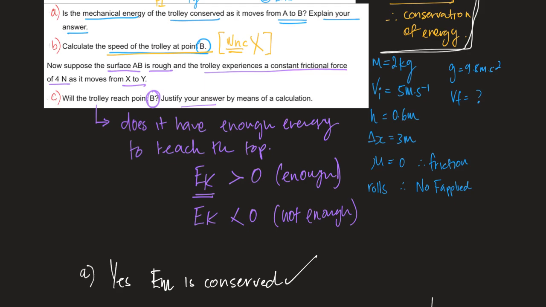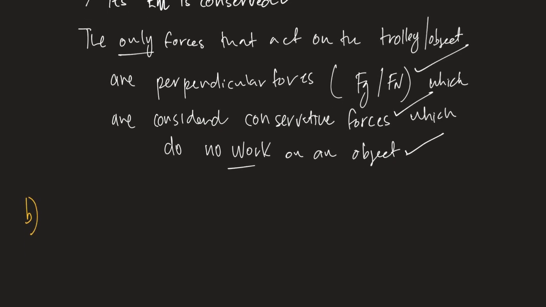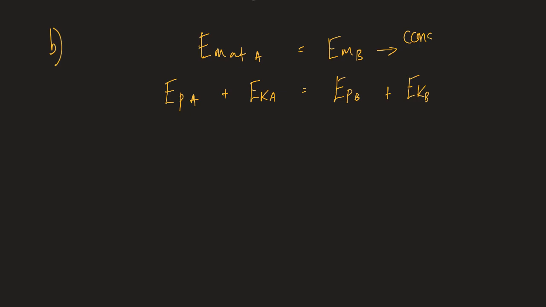If I have conservation of energy, I have a formula for that. I can say that the mechanical energy at point A is equal to the mechanical energy at point B. This is the formula you have to use, which means the potential energy at point A plus the kinetic energy at point A is equal to the potential energy at point B plus the kinetic energy at point B. This formula is for conservation of mechanical energy.